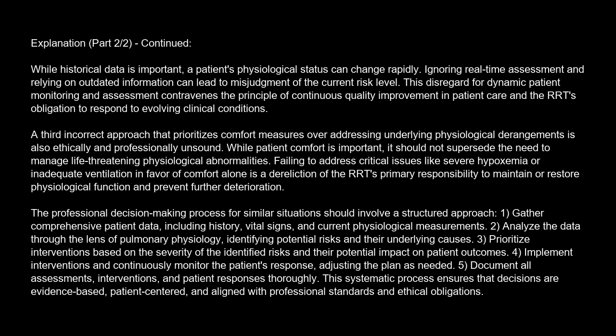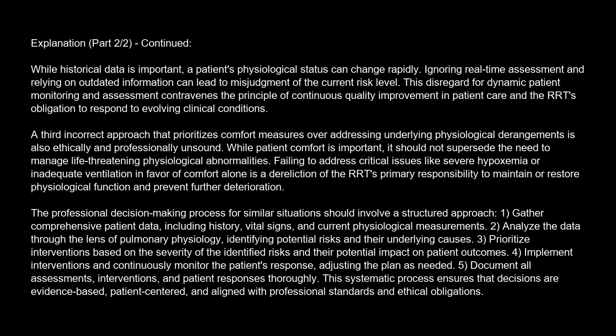The professional decision-making process for similar situations should involve a structured approach. 1. Gather comprehensive patient data, including history, vital signs, and current physiological measurements. 2. Analyze the data through the lens of pulmonary physiology, identifying potential risks and their underlying causes. 3.